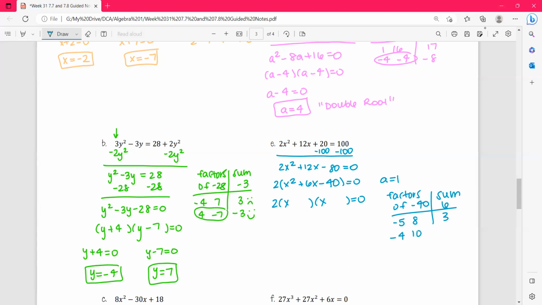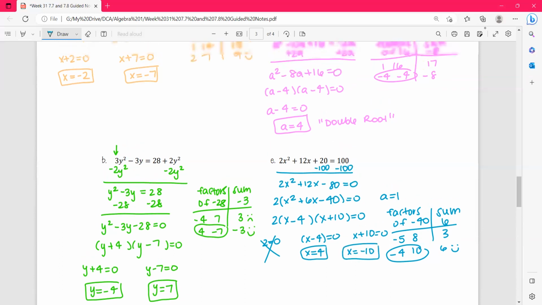If I do negative 4 and 10, that gives me 6. So here are my winning numbers from my chart, right into my factored form. And I'm going to set each of these equal to 0. Notice I even set the 2 equal to 0. When I do that, it doesn't give me an answer, so I can really just ignore it. I've got x equals 4 is one of my answers, and x equals negative 10 is my other answer.